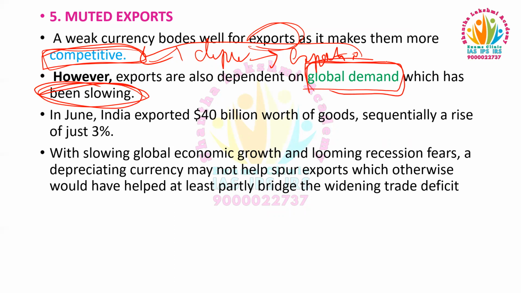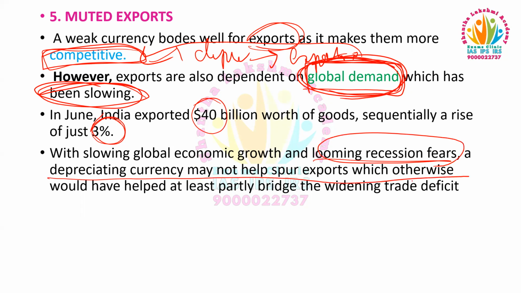But there is no global demand now. So therefore, exports are also not increasing. In June, India exported $40 billion worth of goods, sequentially a rise of just 3% only. And with slowing global economic growth and looming recession fears, a depreciating currency may not help spur exports, which otherwise would have at least partly bridged the widening trade deficit.